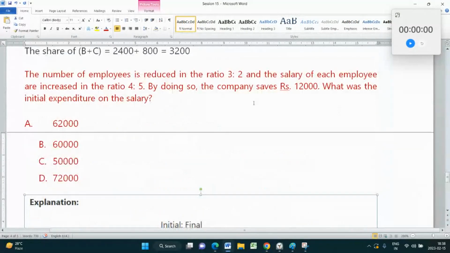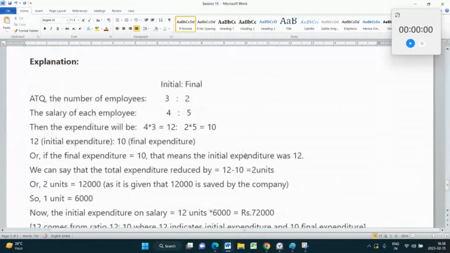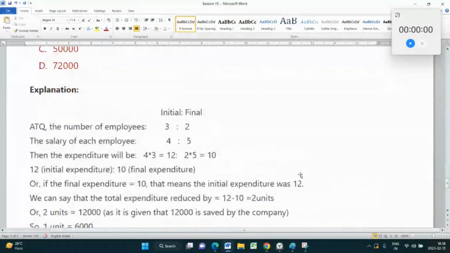Now let us go back. By doing so, the company saved 12,000. So what is that 2 units? 12,000. How much they saved? First 12 units was being spent, then only 10 units are expenses, salaries. So 12 minus 10 is 2 units. They have saved 2 units. What do they say that 2 units is?